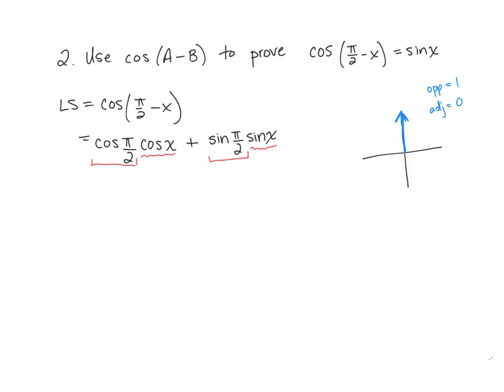So here, cos of pi by 2, cos is adjacent over hypotenuse, so cos of pi by 2 is 0. We said we cannot calculate cos x. Sine of pi by 2, sine is opposite over hypotenuse, so sine is a 1. And if we simplify that a bit further, we get that cos of pi by 2 minus x is equal to sine x.